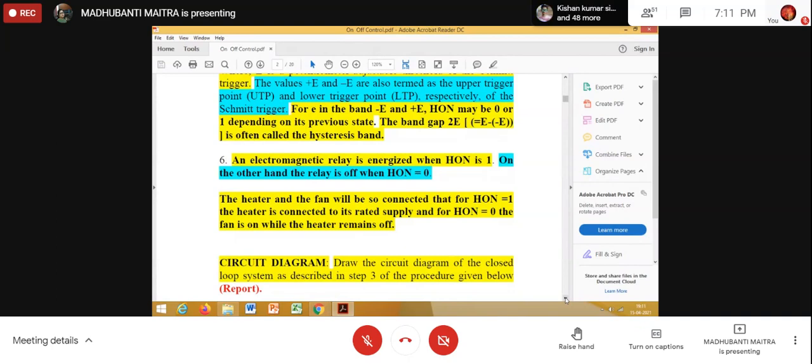Along with the electromagnet there is an armature and some fixed contacts. When the electromagnet is energized, it will attract the armature, which is a movable part.